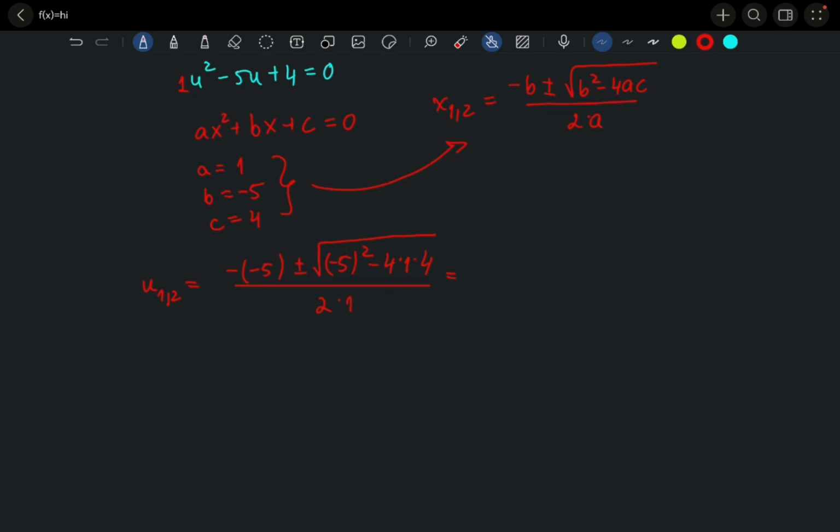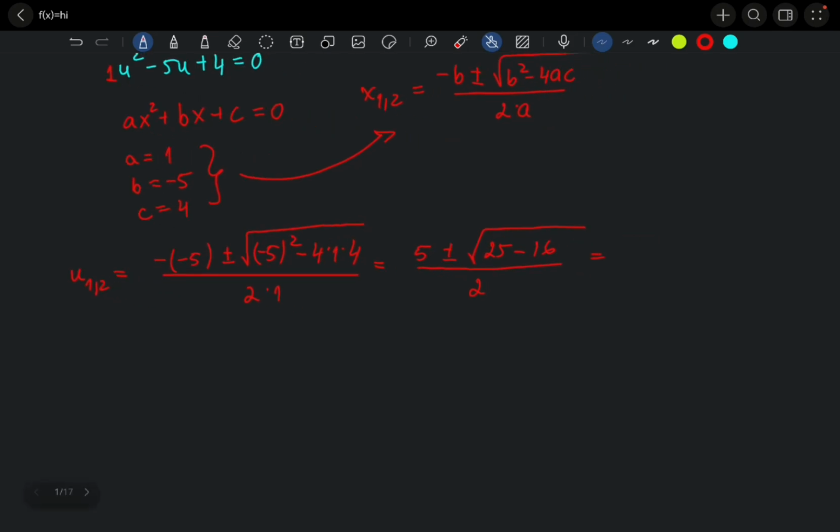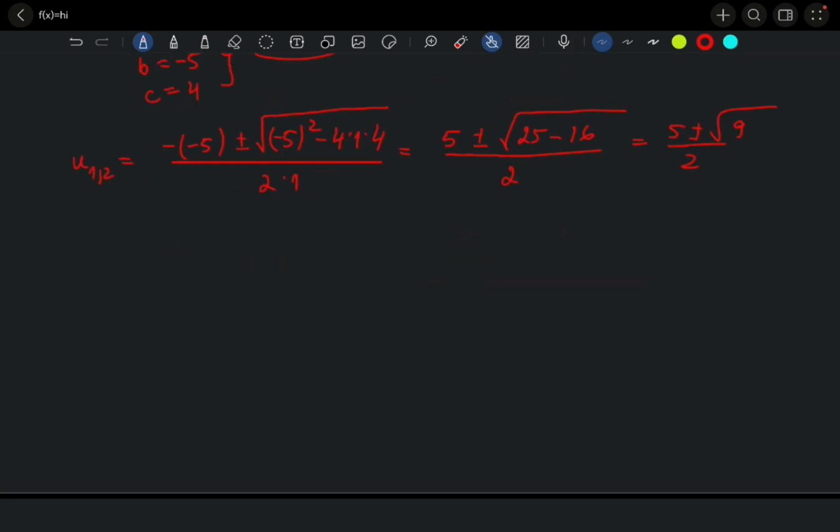Negative times a negative gives us a positive, so we get positive 5 plus or minus the square root of 25 minus 16, over 2. That's equal to 5 plus or minus the square root of 9, over 2.